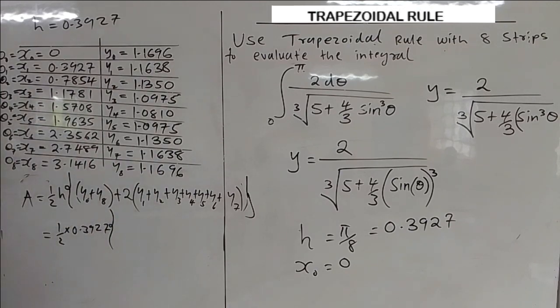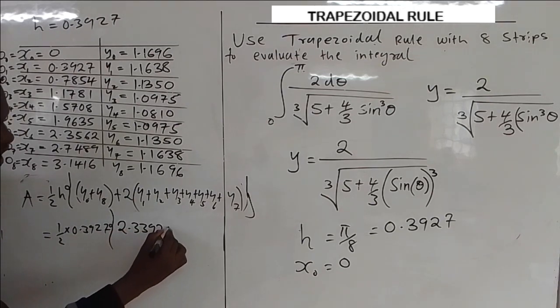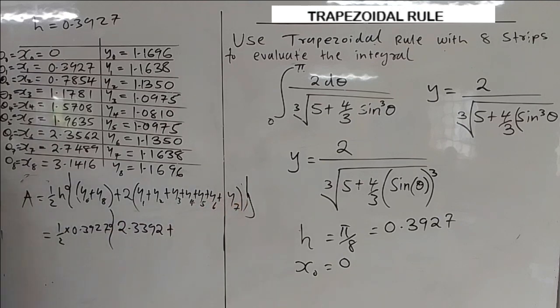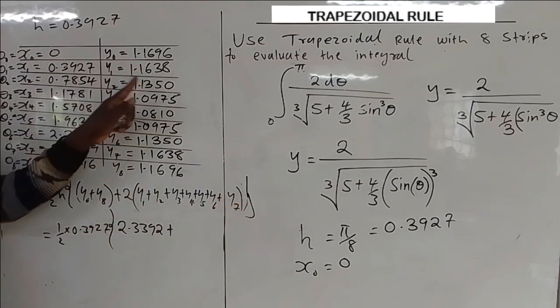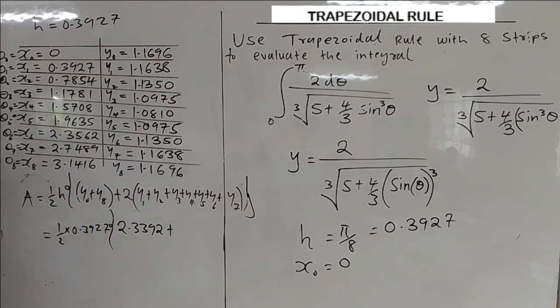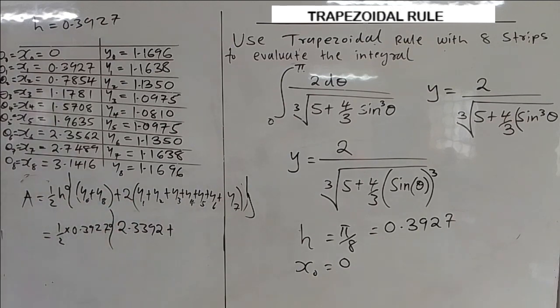What do you get? 2.3392. Then it is plus 2 into the sum of all these. So 2 into y1 plus y2 plus y3 plus y4 plus y5 plus y6 plus y7, because y naught and y8 you've already added here. So 2 into all this, what does the calculator give you?